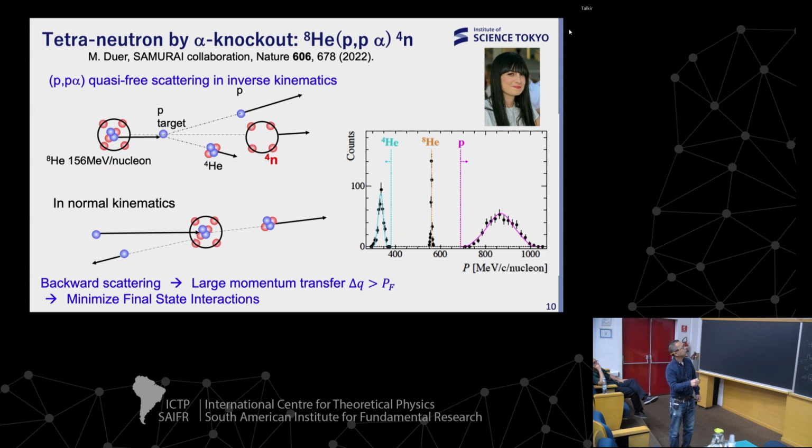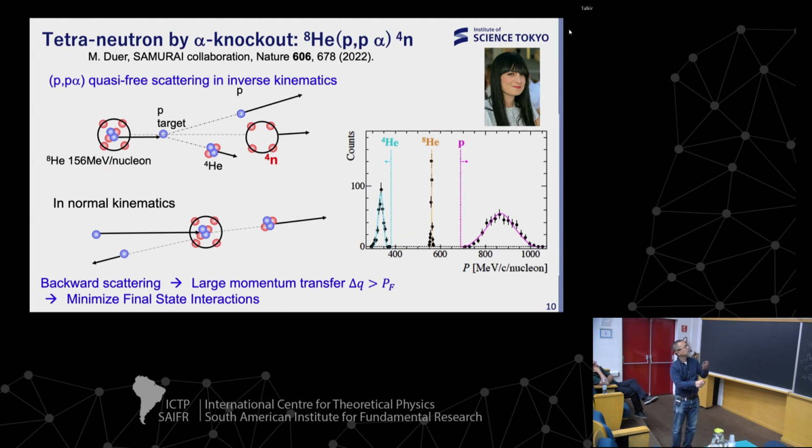Even for the inverse kinematics, the velocity is very different. You see that this is momentum per nucleon, which corresponds to the velocity distribution for the incoming helium-8, this is the proton, and helium-4. You see that the proton is kind of accelerated, while the alpha particle is kind of decelerated.